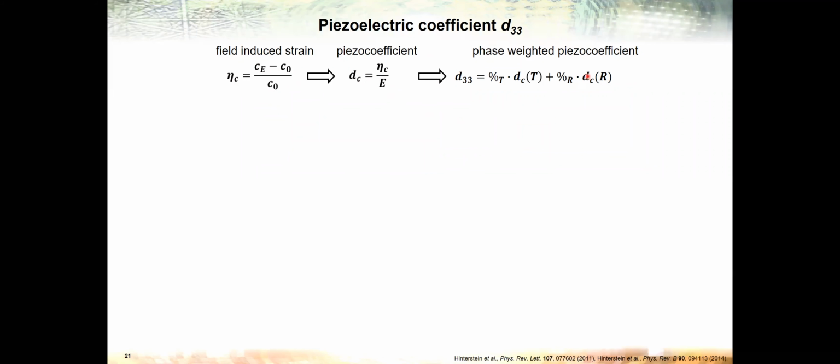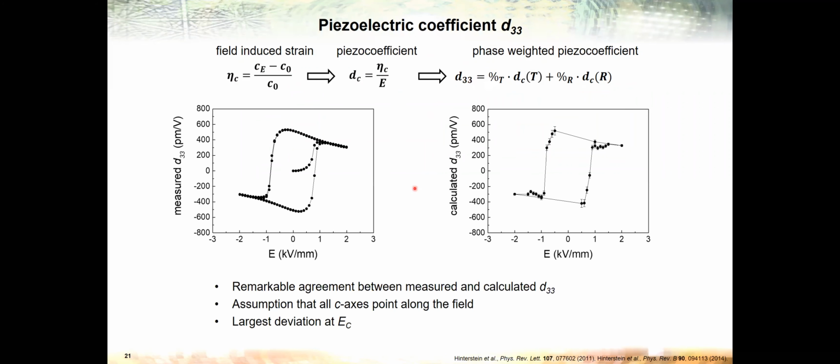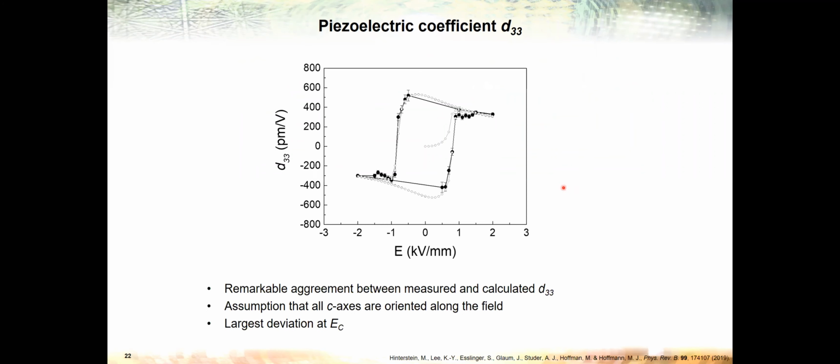And then we can weigh it with phase fractions and get the phase-weighted piezo coefficient. And when we do this with these results from the refinement I just showed you, and compare it, we see already in this image that it looks quite similar. And when we superimpose it, it's a really remarkable agreement.